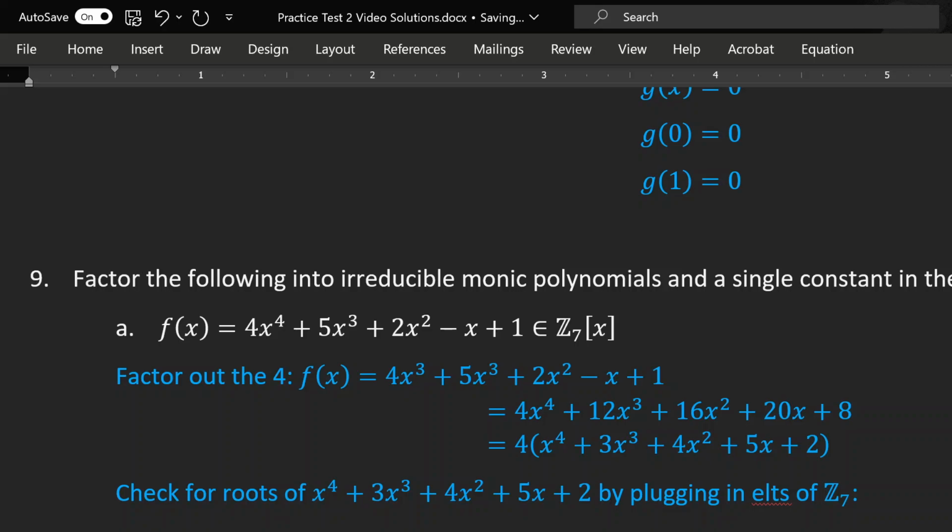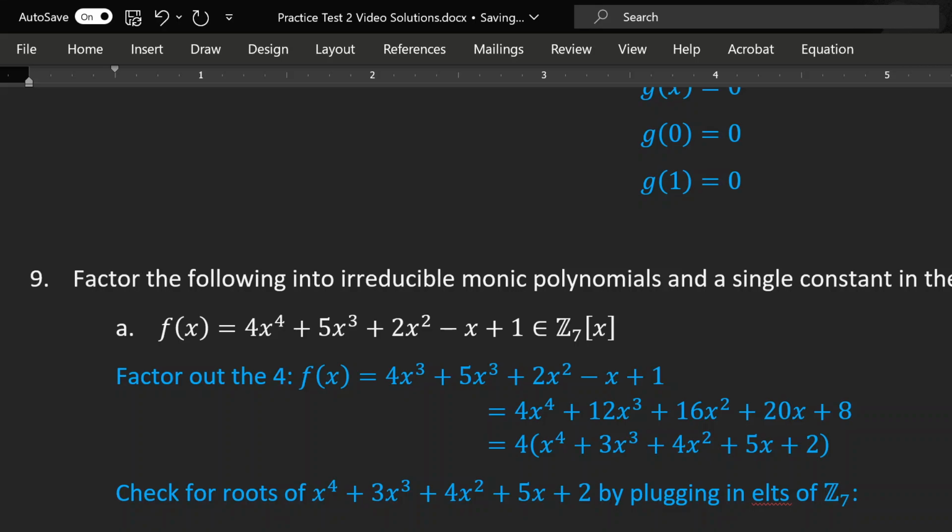Okay, then for x equals 5, that is the same as -2, which is easier to plug in. Okay, so I'm doing -2 to the 4th, 16, plus 3 times -8, so that's minus 24, plus 4 times 4, another 16, minus 10, plus 2. How does this simplify? Okay, 32 minus 24 is 8, minus 10, -2, oh, I think I got a 0 here.